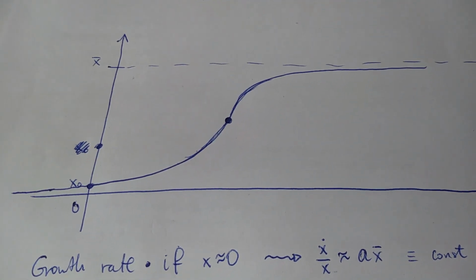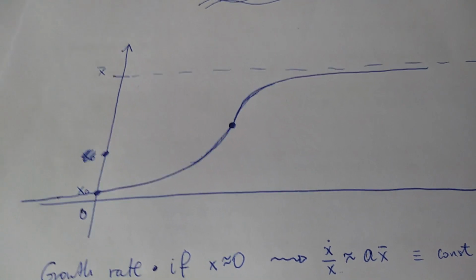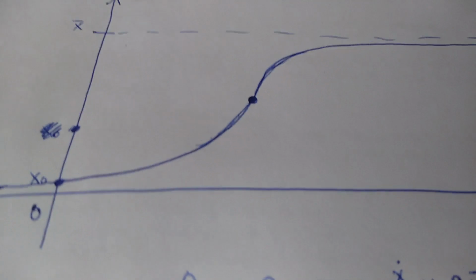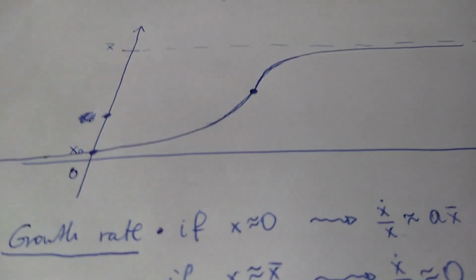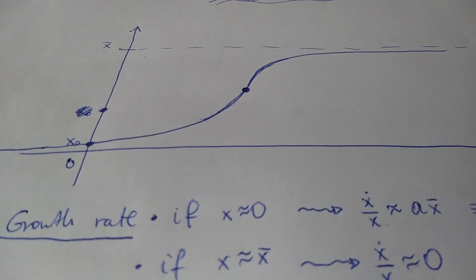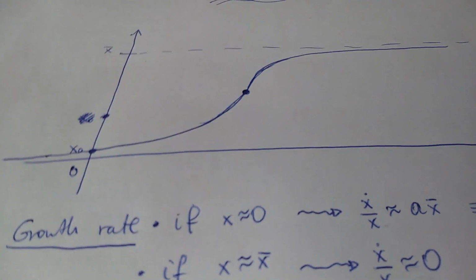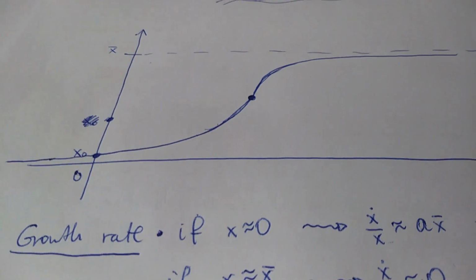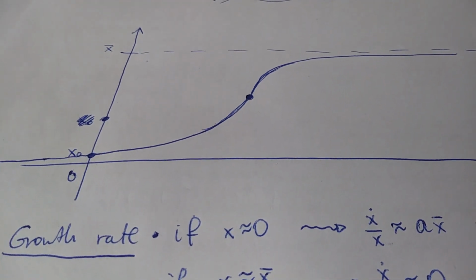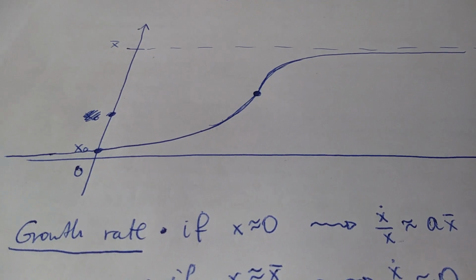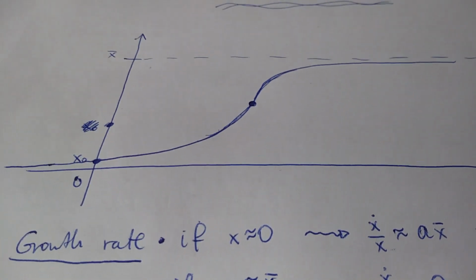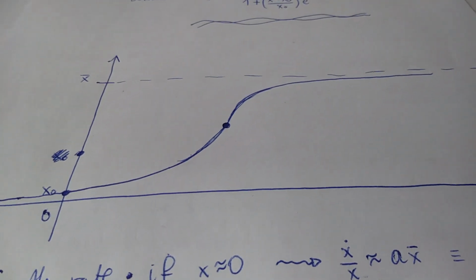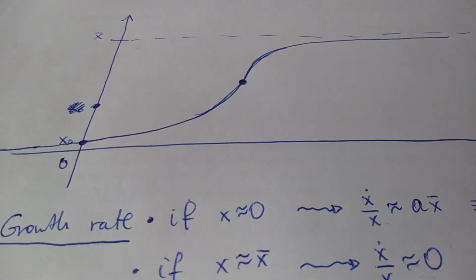So as time passes, you converge to the limit, which is given by x bar, and there is an inflection point here in the middle. This inflection point is where growth ceases to be approximately exponential, and instead the process starts slowing down, eventually towards stopping completely.